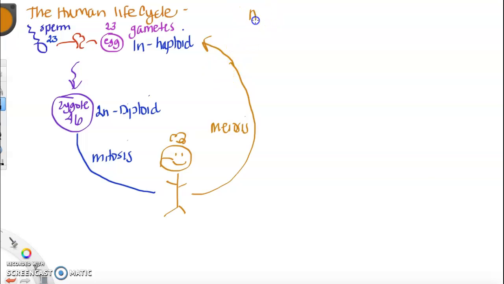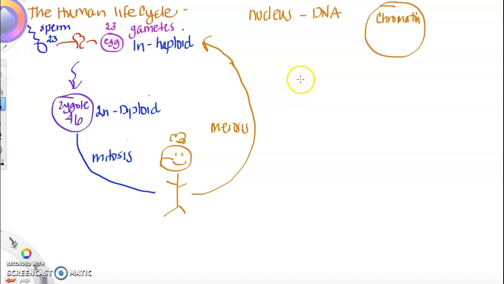So in the nucleus of a cell, that's where we have the DNA. And it's in the form of something called chromatin. So if we look at chromosomes, so chromosome anatomy.